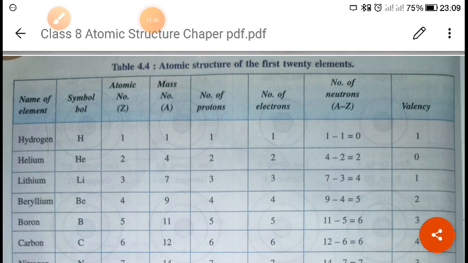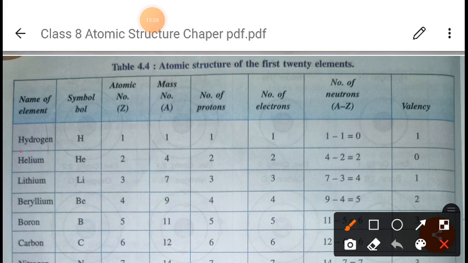Suppose, as you can see, hydrogen: its symbol is H, right? Atomic number is 1, atomic mass is 1, number of protons is 1, number of electrons is 1, and number of neutrons is 0, because hydrogen has no neutron, and its valency is 1.